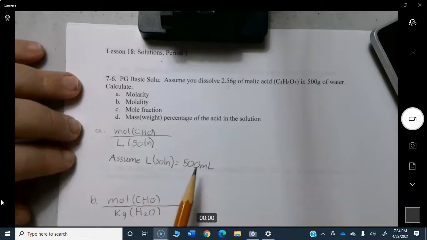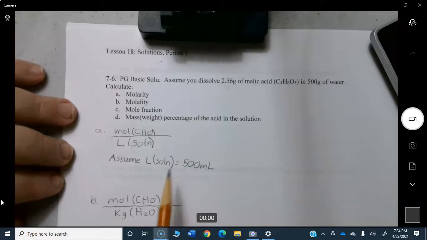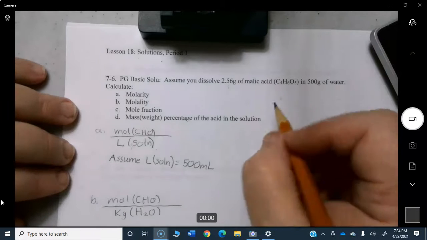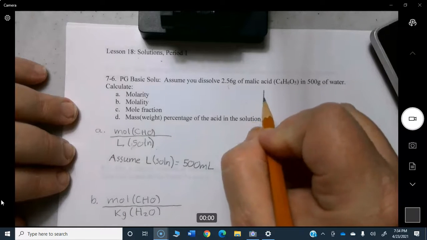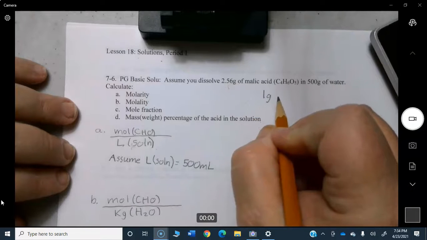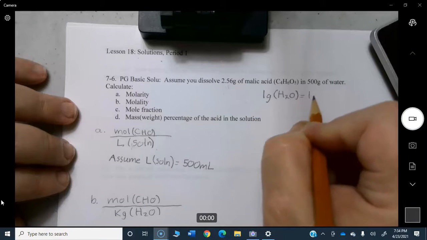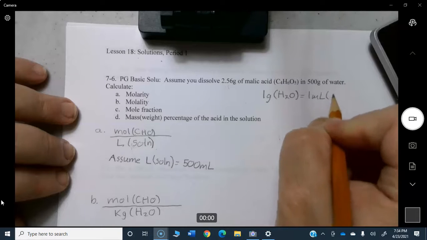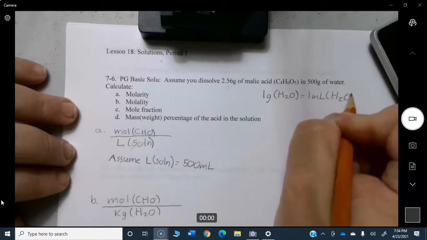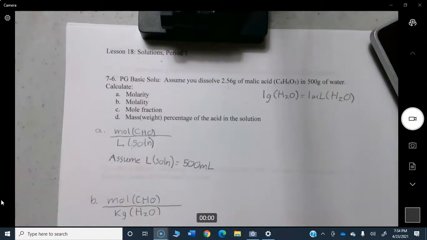Okay, so where did we get the 500 milliliters? We have a conversion that 1 gram of H2O, this is only true for water, equals 1 milliliter of H2O. Okay, that's only true for water.